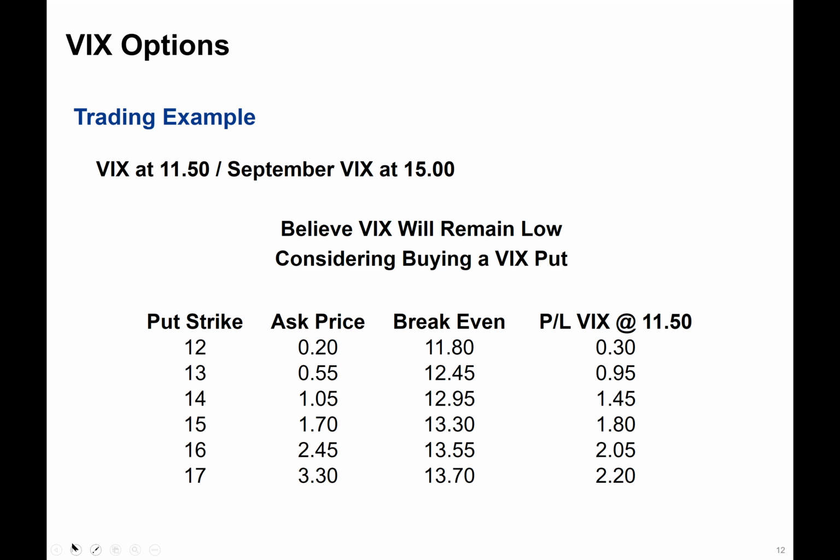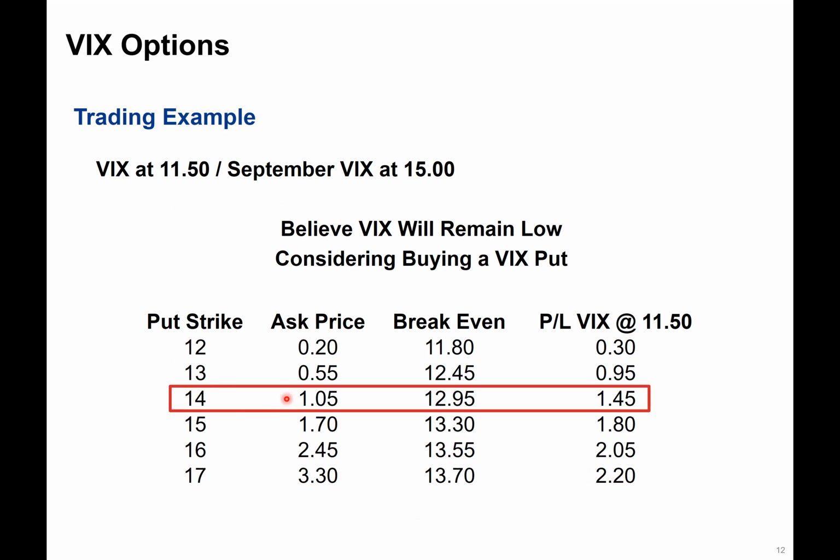This is a way to trade if you think that the VIX future is going to drift down to spot VIX. I'm just arbitrarily choosing; there are all kinds of pros and cons here. This is really, the 12, you could pay 20 cents for that one. But I just kind of chose the middle one here as an example. You've got the 14 strike put.